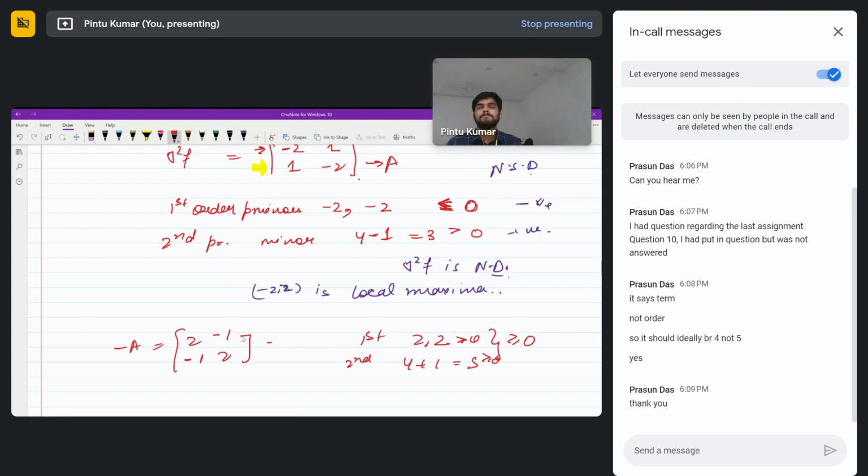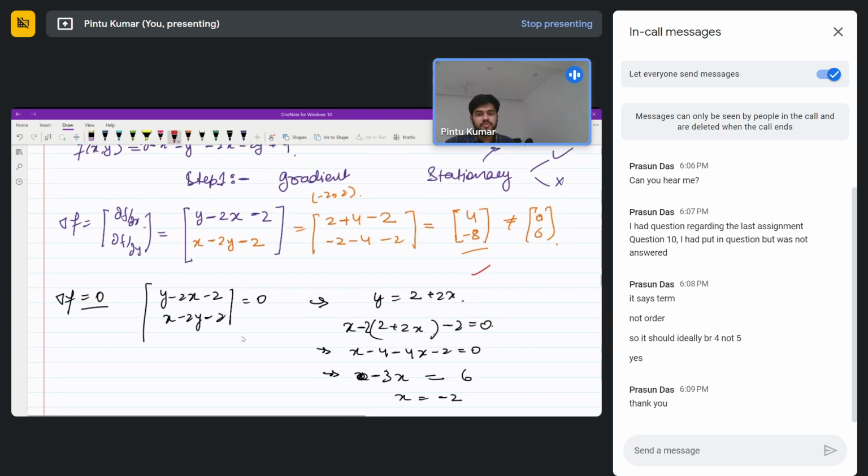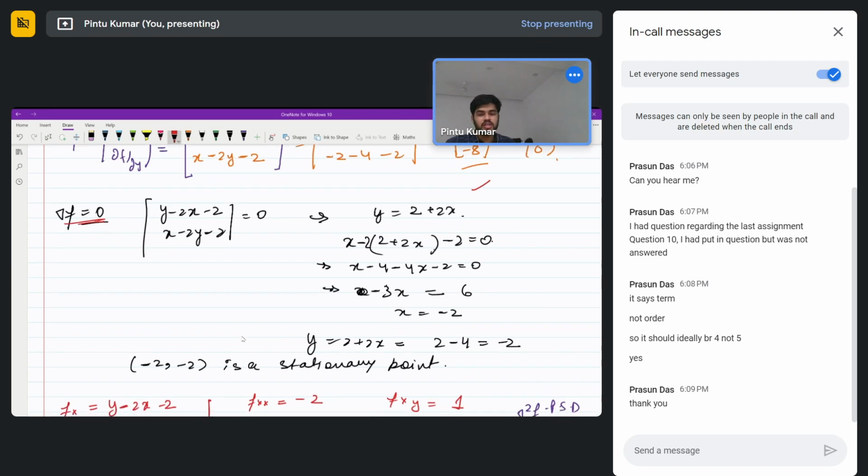Sir, we always check for local maxima or minima at a stationary point. Yes. But here minus 2 comma 2 is not a stationary point, as we saw above. So minus 2 comma 2 was not a stationary point. Then what we did is we found out which point is a stationary point, and we got that minus 2 comma minus 2 is a stationary point.